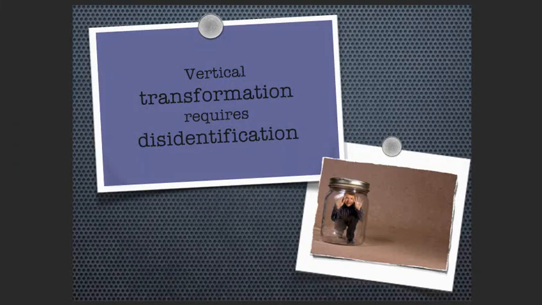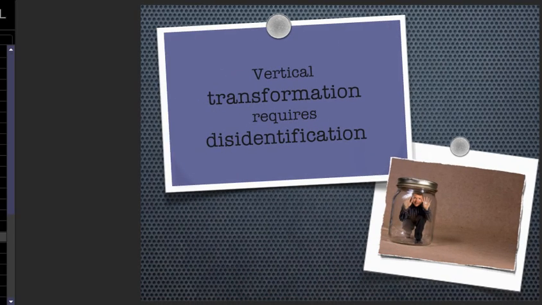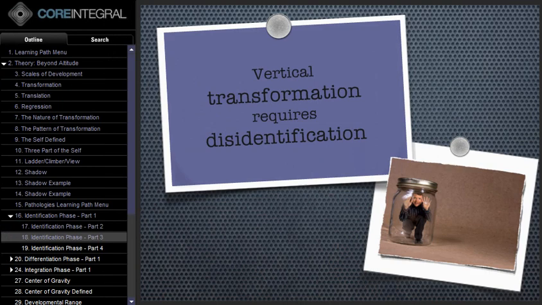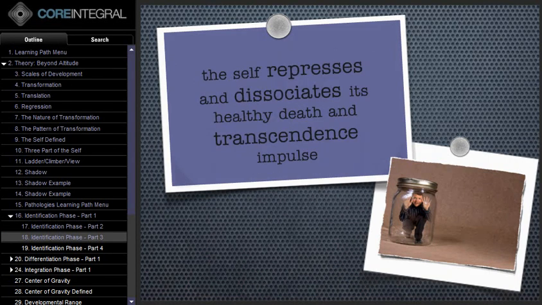Vertical transformation requires disidentification, a form of death to the exclusive identification with the previous stage. The self begins identified to a stage. When the self is ready to begin disidentifying, the impulse to disidentify from its current identification often creates death anxiety. To curb this anxiety, the self represses and dissociates its healthy death and transcendence impulse.